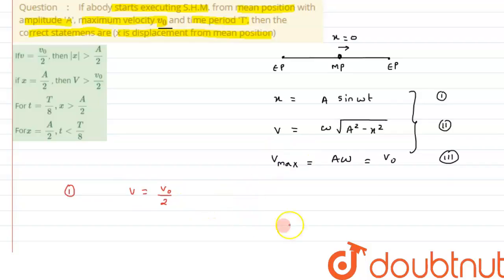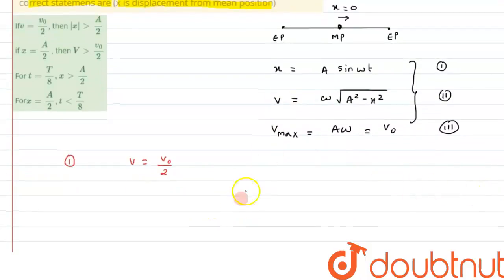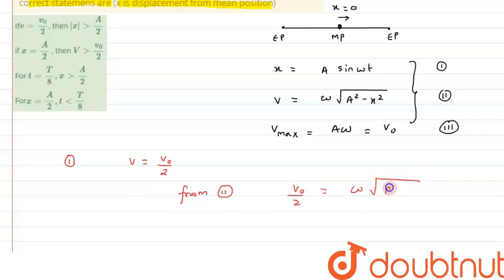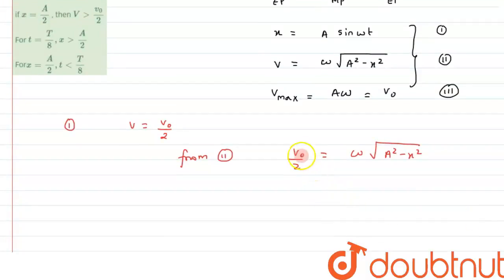We substitute this value in equation 2, so v can be written as v0 by 2, and that is equal to omega under root of a square minus x square. What we can do here is write v0 as a omega, so a omega by 2 equals omega under root of a square minus x square.